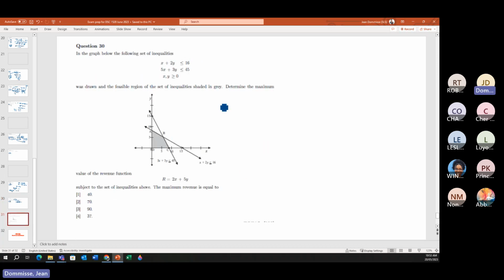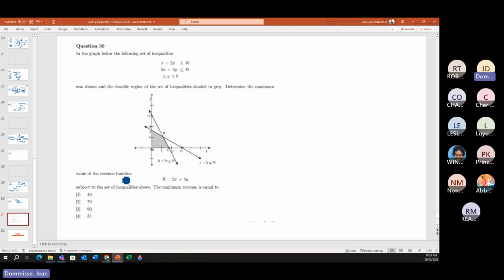Okay, last one. So a group of inequalities. In the graph below, the following set of inequalities was drawn. They tell you that's the feasibility region. Determine the maximum value of a revenue function.